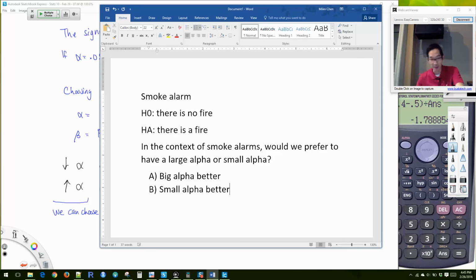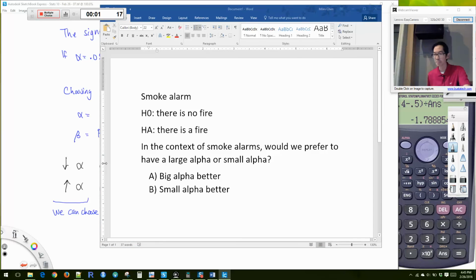Let me start this up. Big alpha better or small alpha better? So alpha is the probability of a type 1 error.